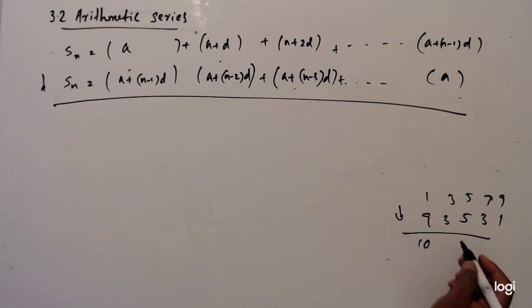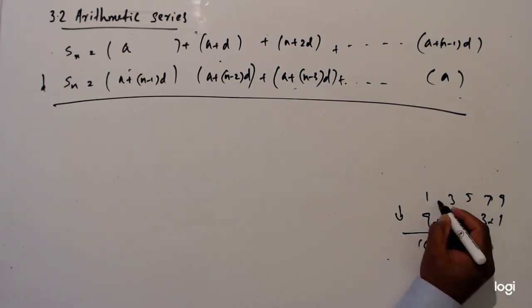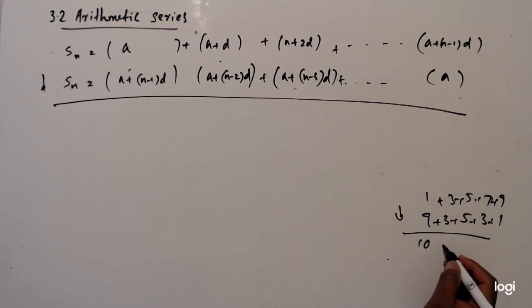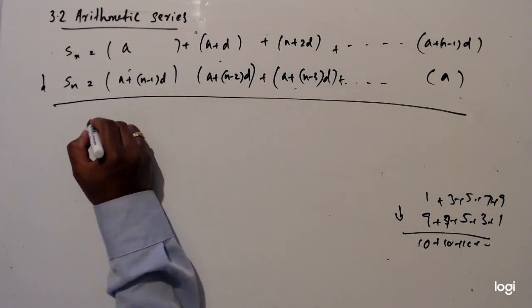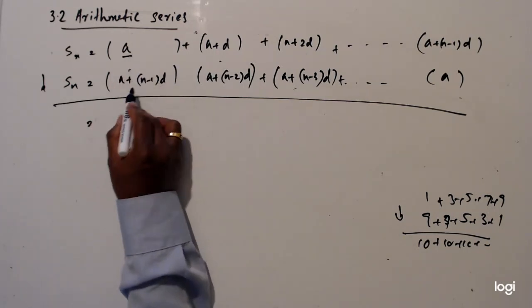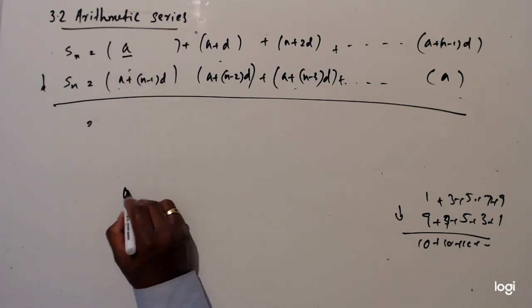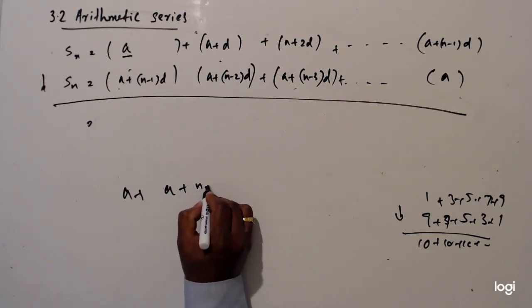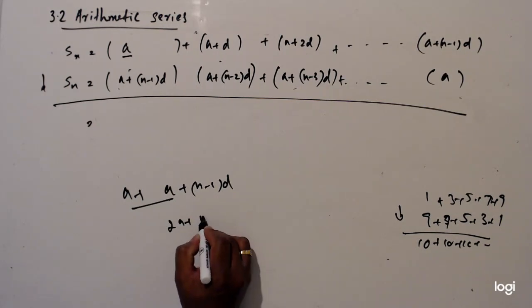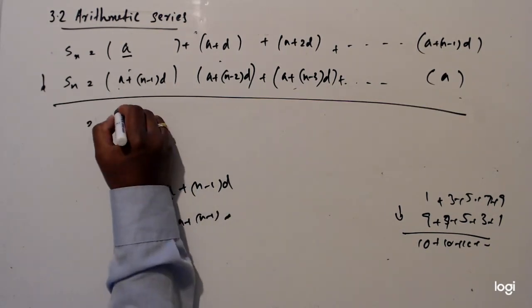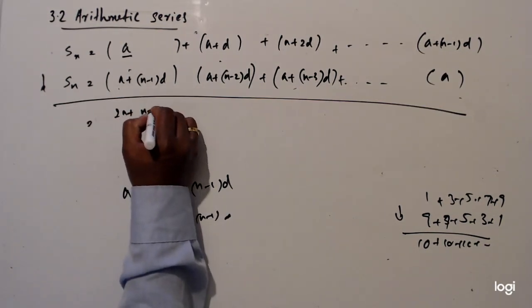So this is 10, and this all going to be 10, 10, 10. What will happen here? a plus n minus 1 d and a, it means 2a plus n minus 1 d.